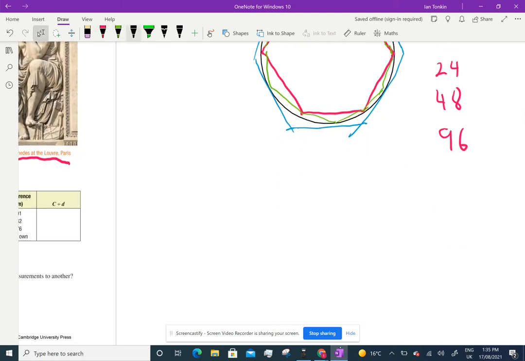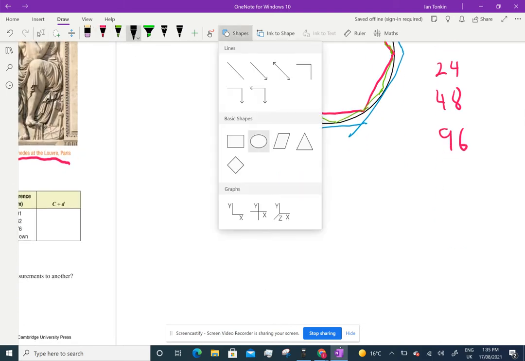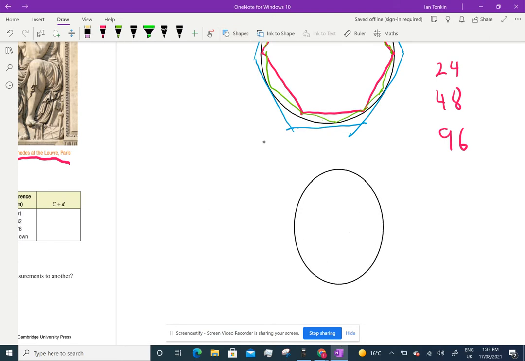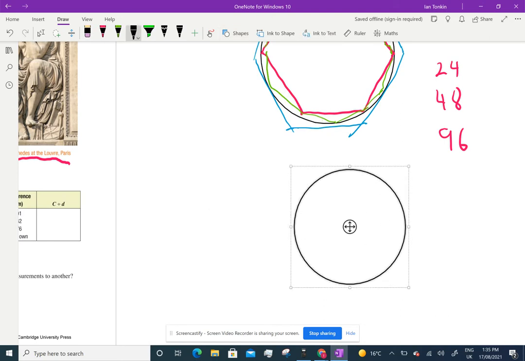He discovered that, because all circles are just bigger or smaller versions of the same thing, the ratio of the circumference, the distance around the outside, to the diameter was always the same.